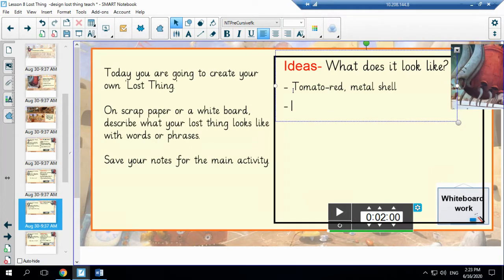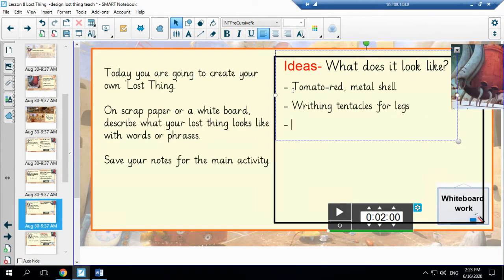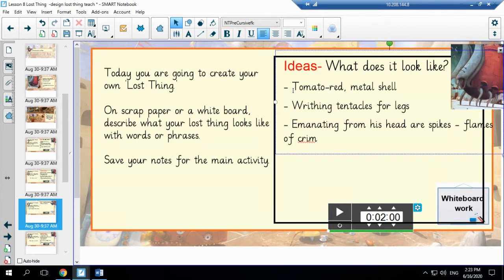We might want to think about the legs, so writhing tentacles, 4 legs. Also its head, so emanating from his head are spikes, flames of crimson metal. I've got a metaphor in there as well.